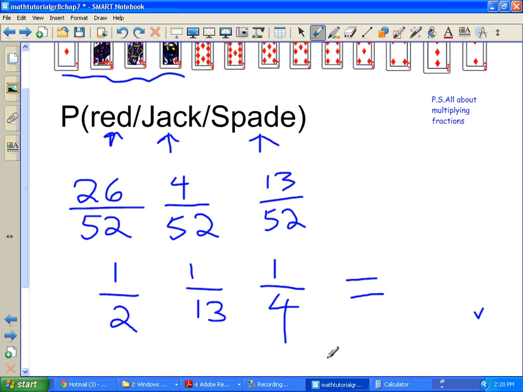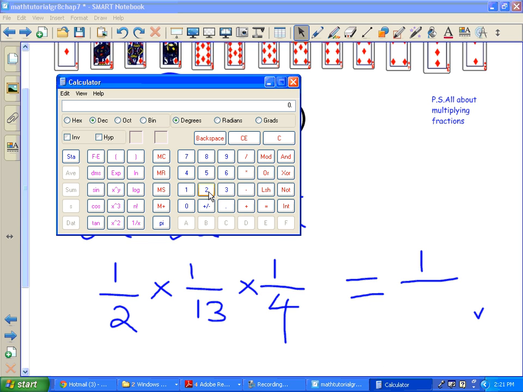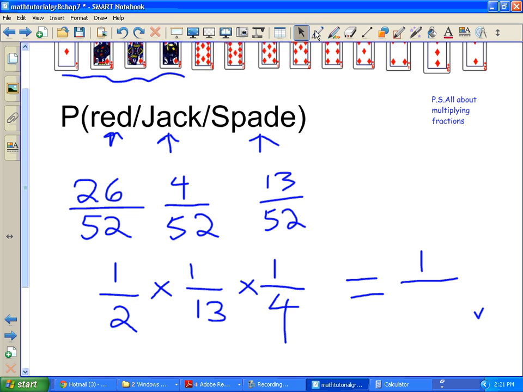Now, what are your chances of getting all 3? You have to times them together. So let's times the tops together when we're multiplying fractions. 1 times 1 is 1, times another 1 is still 1. So you've got 1 chance out of 2 times 13 is 26. 26 times 4, well, I can simply punch that in if I'm not sure. 26 times 4 is 104.